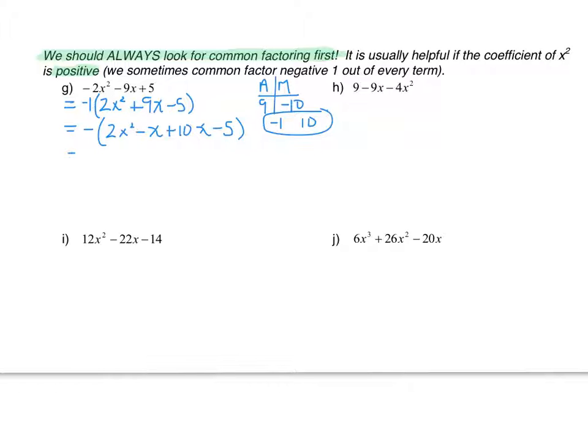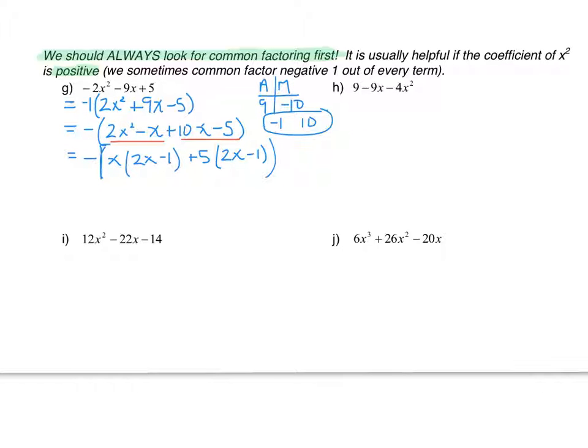And then we treat it just like we did before. I'm going to look to pair these up and look for a common factor for each pair. And this negative just floats down alongside here. X is common. I would have a 2x and a minus 1. And then out of the 10x and the minus 5, I have a plus 5, which I would need to multiply by a 2x and a minus 1.